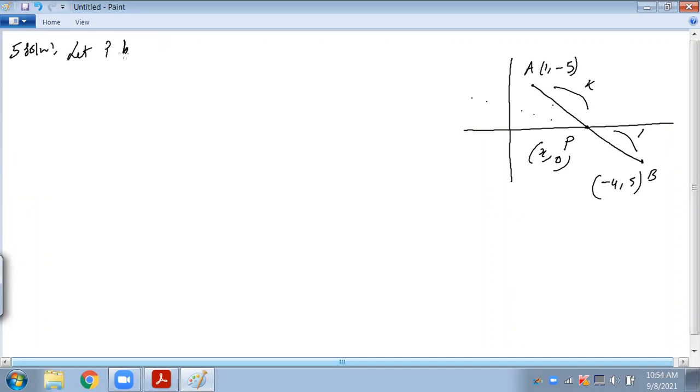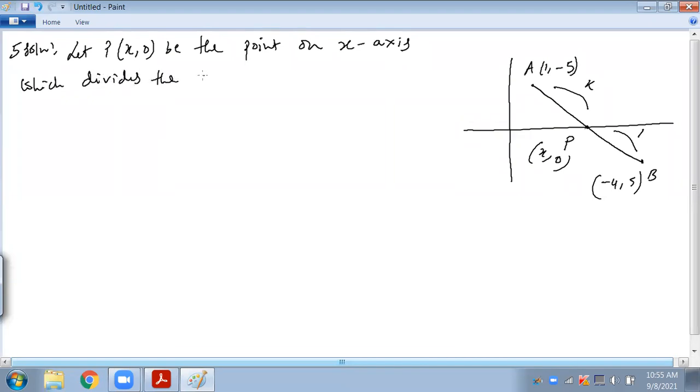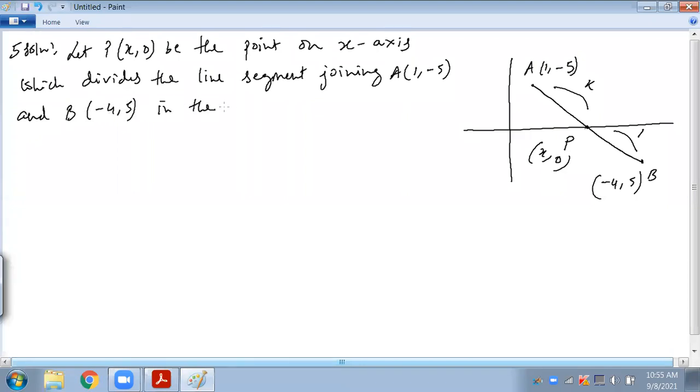So let P, with coordinates x comma 0, be the point on the x-axis which divides the line segment joining A, the first point, and B, the second point, in the ratio.